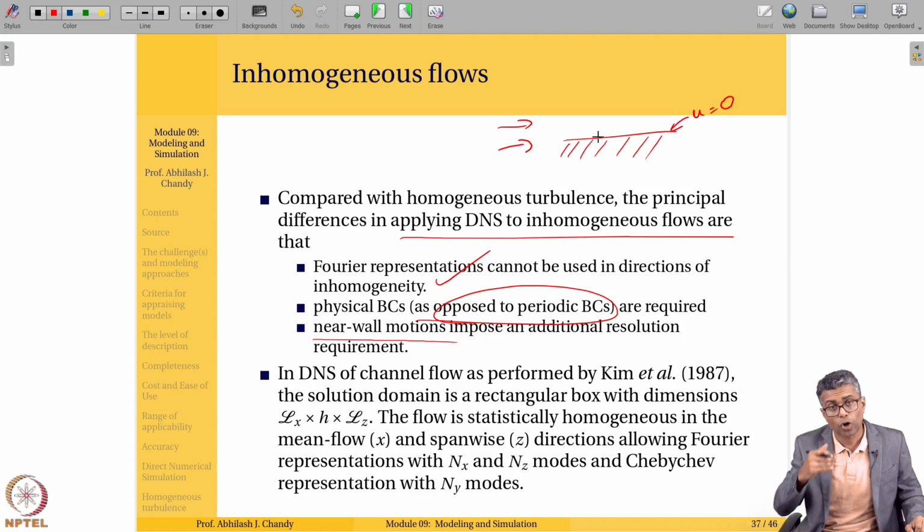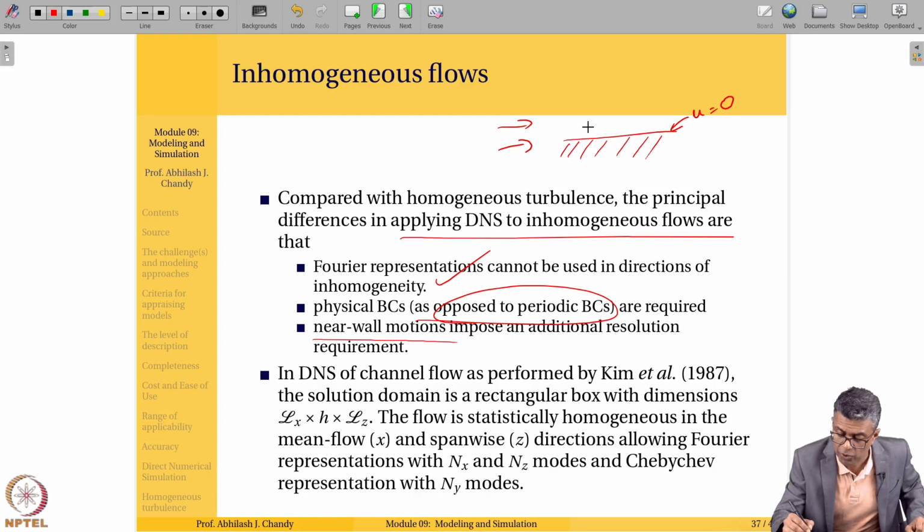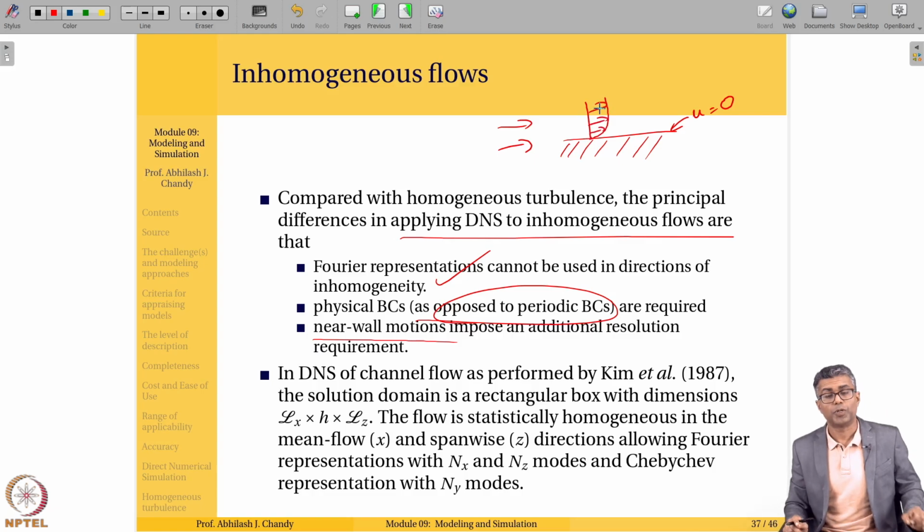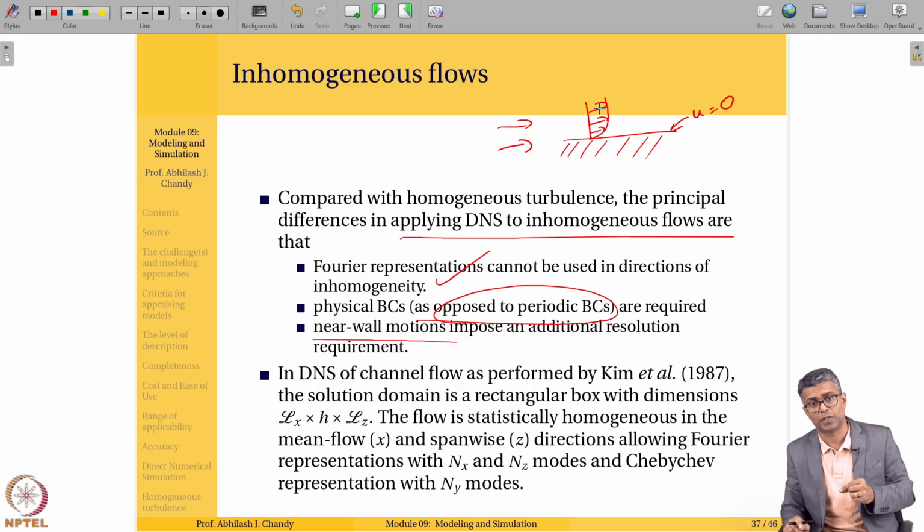The layer on the wall has a 0 velocity, but the layer right above the wall has a finite velocity, which means there is going to be a velocity gradient here. That is how we know that if you have a velocity gradient, it's going to look like this, isn't it? Which means you need to resolve that velocity gradient.